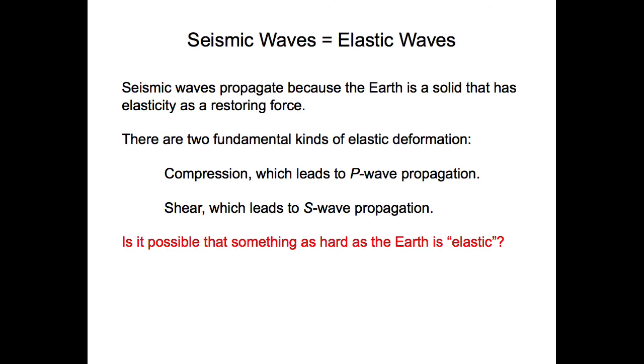So it may seem counterintuitive that something as hard or as stiff as the Earth is elastic because we don't think about it as being very spongy or compliant. But in fact, materials such as steel or granite, even though they're very, very stiff, do resist distortion and are elastic. And we'll talk about elasticity more in the course.